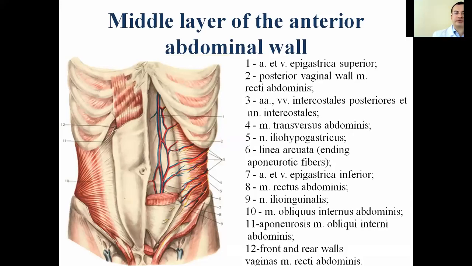Middle layer of the anterior abdominal wall: arteria et vena epigastrica superior, posterior vagina wall, musculus rectus abdominis, arteria et vena intercostalis posterior et nervus intercostalis, musculus transversus abdominis, nervus iliohypogastricus, linea arcuata, arteria et vena epigastrica inferior, musculus rectus abdominis, nervus ilioinguinalis, musculus obliquus internus abdominis, aponeurosis of the internal oblique abdominis.